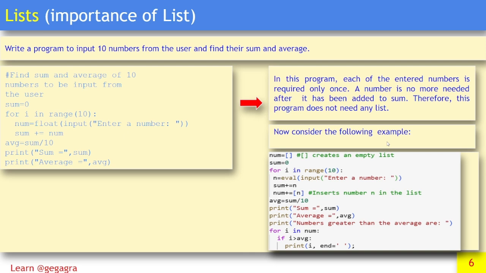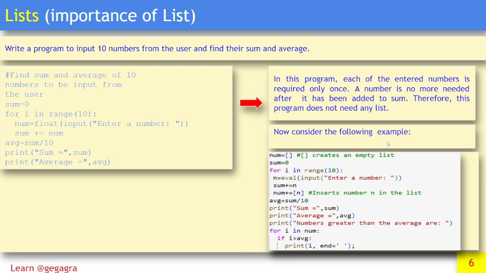Now here print sum, it will print the sum and it will print the average also. Now here, numbers greater than the average are: I entered 10 numbers and I have calculated the sum and average also. Now after the sum I want to print all those numbers which are greater than the average of all these numbers.